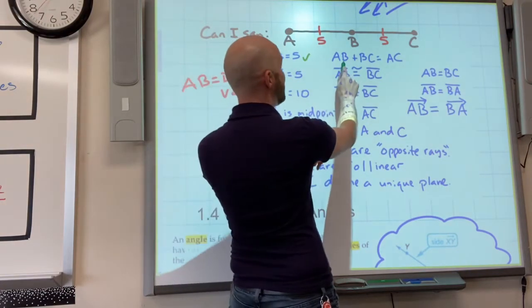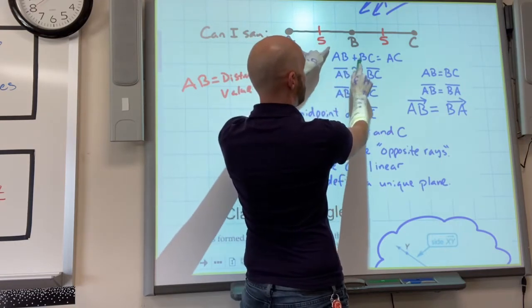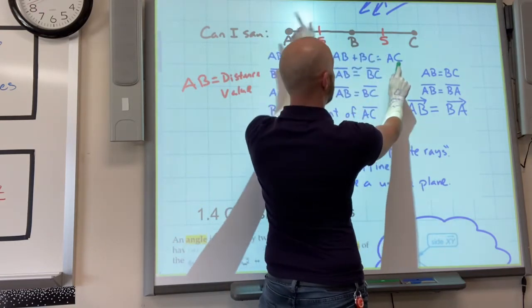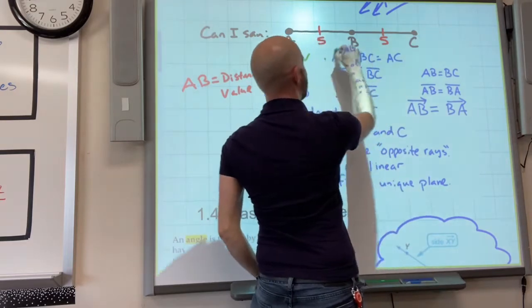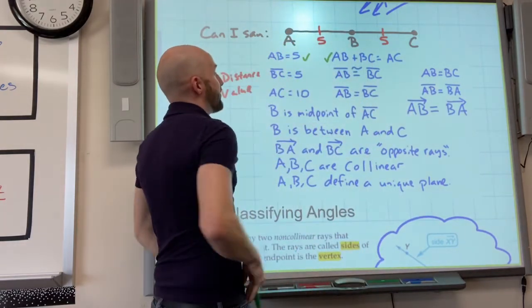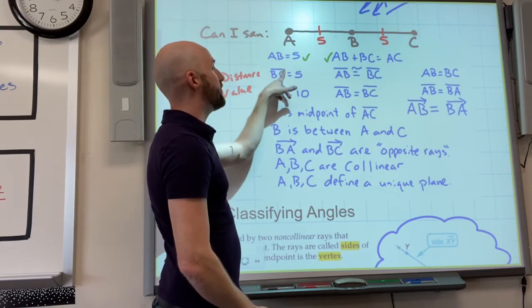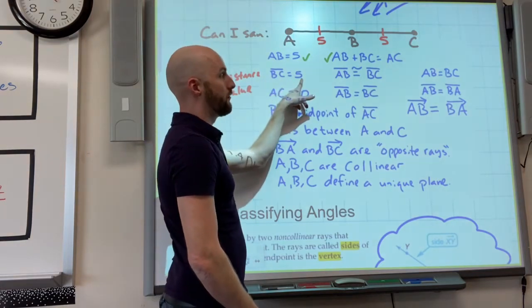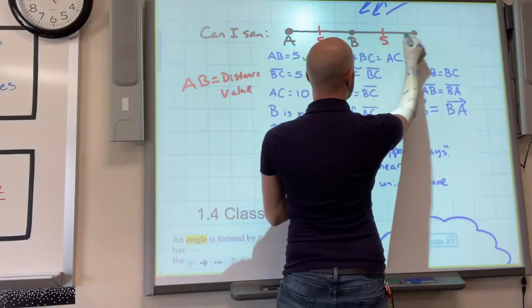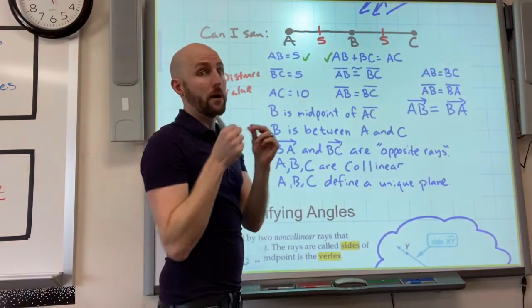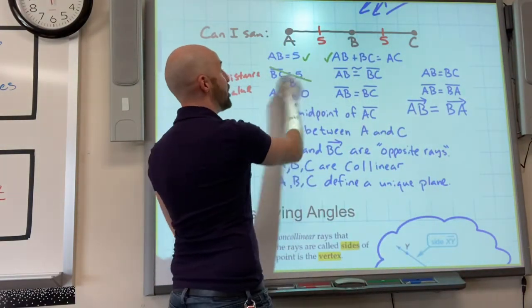Can I say that the distance from A to B plus the distance from B to C is equal to the distance of the whole thing? Yes. Can I say that the segment, the physical ink on the sheet of paper, is the number 5? They're asking, is this chunk of line the number 5? The answer to that is no.